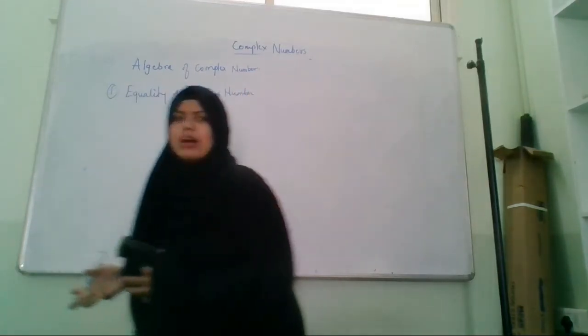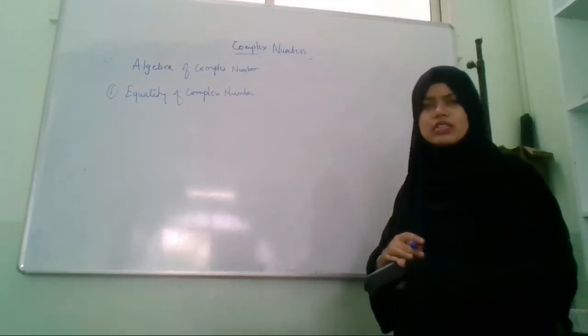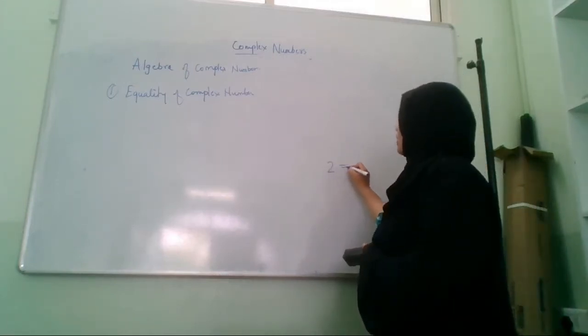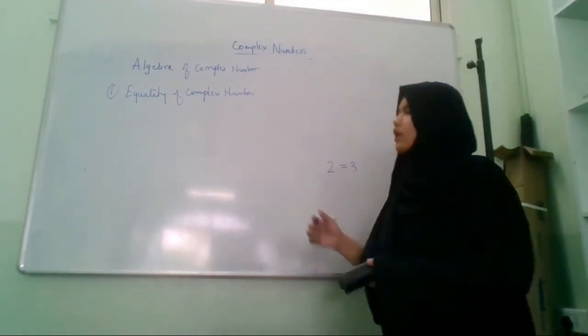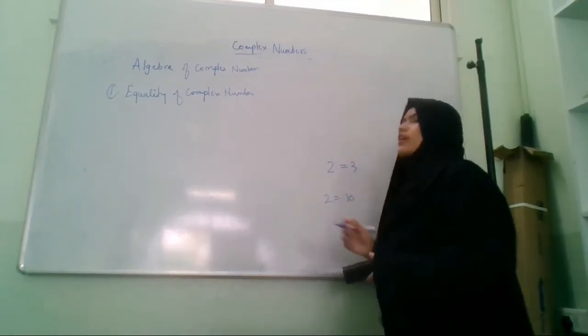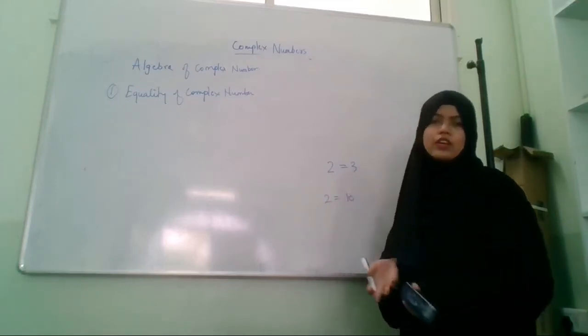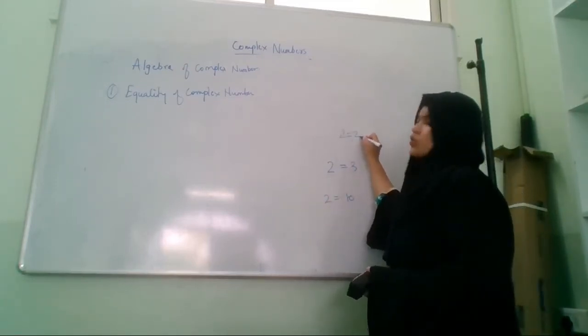As in natural numbers or real numbers, when can we say two numbers are equal? Can we say 2 is equal to 3? No, we cannot say. Can we say 2 is equal to 10? No, we cannot say. These two numbers should be the same, then only can we say 2 is equal to 2, right?